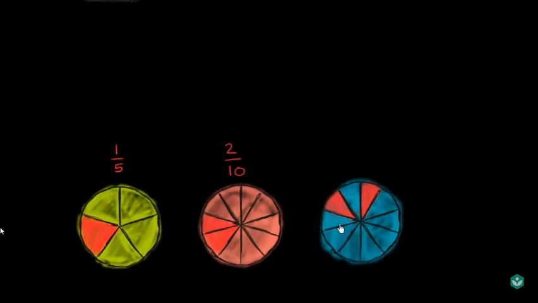And then finally right over here, once again we have 1, 2, 3, 4, 5, 6, 7, 8, 9, 10 equal sections. 10 equal sections, and 2 of them are shaded in red. So in this situation, the red slices represent 2/10 of the whole. And if we were to try to plot this on a number line, so right over here, do a quick one right over here. Let me do it like this.